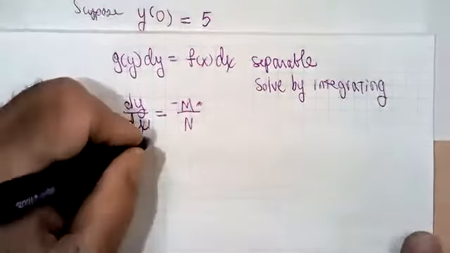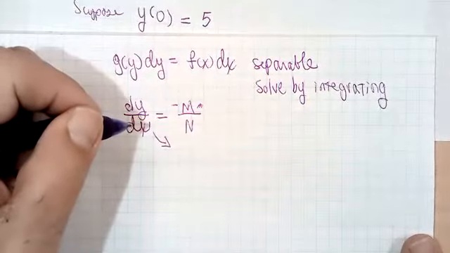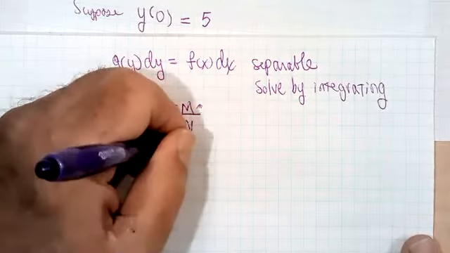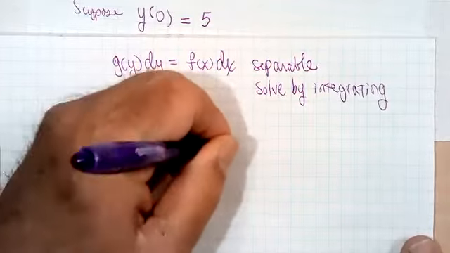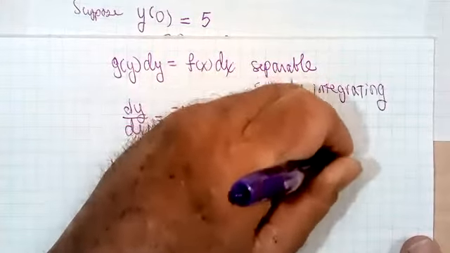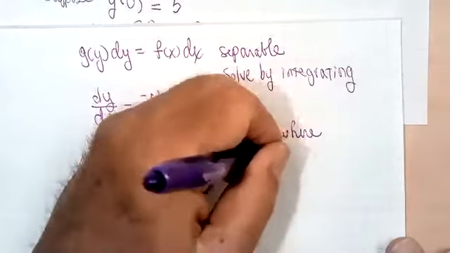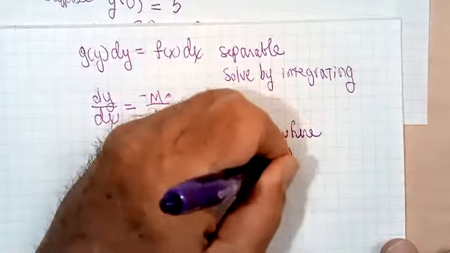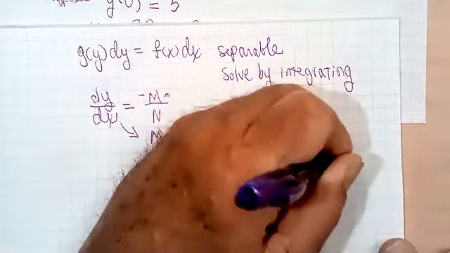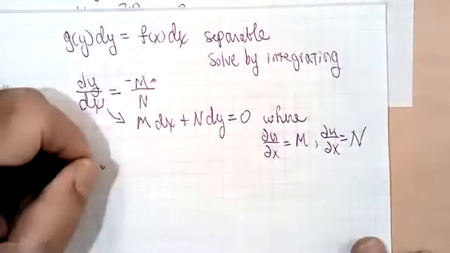I think that, because this will then reduce to minus M dx equals N dy, which is equivalent to M dx plus N dy equals 0, where partial of u with respect to x is M, and partial of u with respect to y is N, then we say that this is an exact equation.